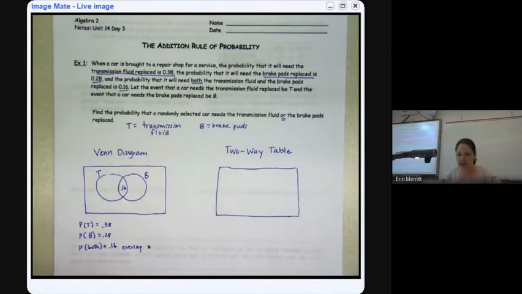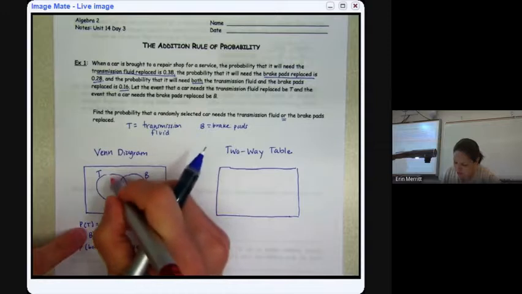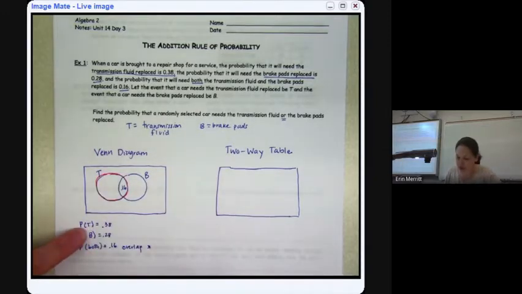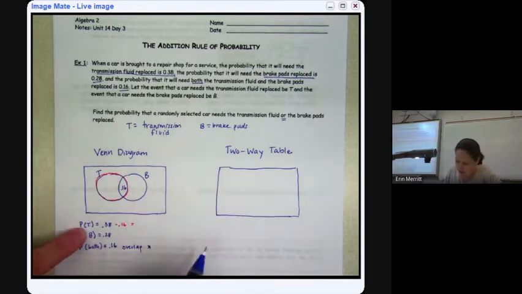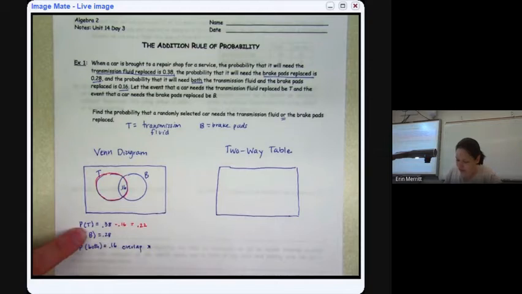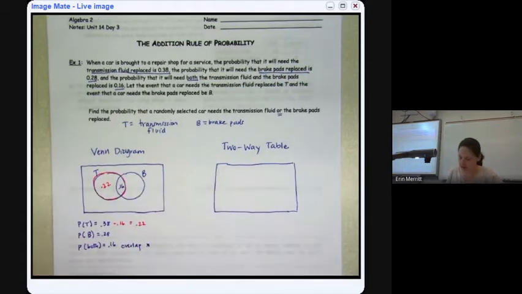The key detail when creating the Venn diagram is that when we say the probability of transmission fluid is 0.38, that full circle has to represent the 0.38. So I subtract the 0.16 from it, and that leaves 0.22, which goes in that part of the Venn diagram.